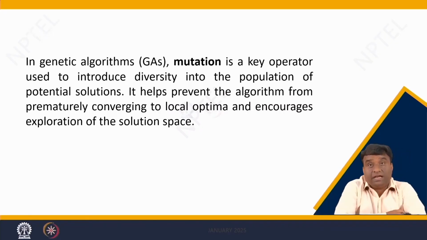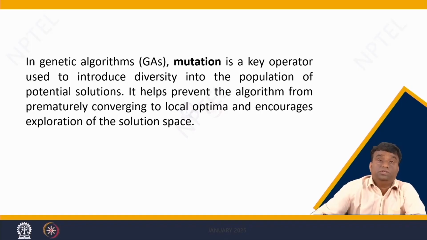In a genetic algorithm, mutation is a key operator used to introduce diversity into the population of potential solutions. It helps prevent the algorithm from prematurely converging to local optima and encourages exploration of the solution space.